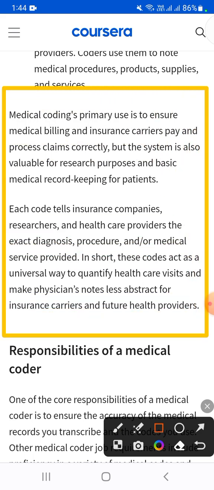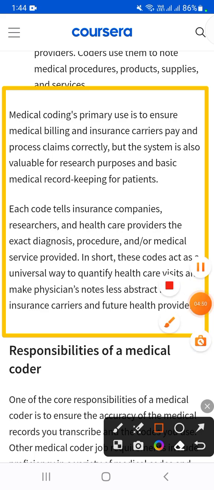Each code tells insurance companies, researchers, and healthcare providers the exact diagnosis, procedure, and or medical service provided. In short, these codes act as a universal way to quantify a healthcare visit and make physician notes less abstract for insurance carriers.